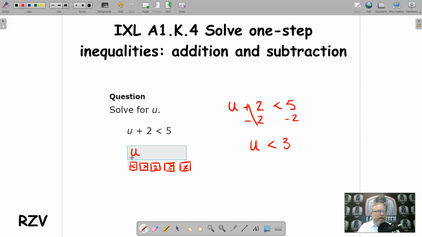You'll type in your letter of whatever the variable is for that particular problem. You select your symbol. In this case, we want the less than symbol, so we press that, and then we type in 3. u is less than 3.